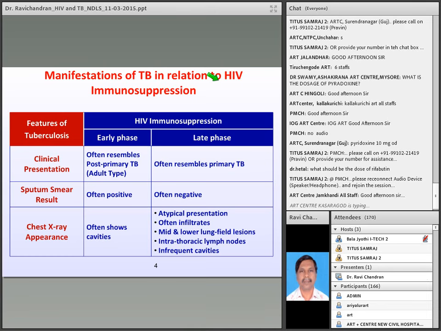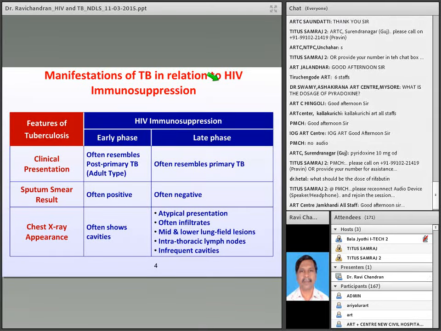Whereas in patients in the late phase, primary tuberculosis manifestations are common. The sputum will often be negative, and the chest X-ray may show atypical presentations, often infiltrates, mid and lower lung field lesions, and intrathoracic lymph nodes; cavities are very infrequent.